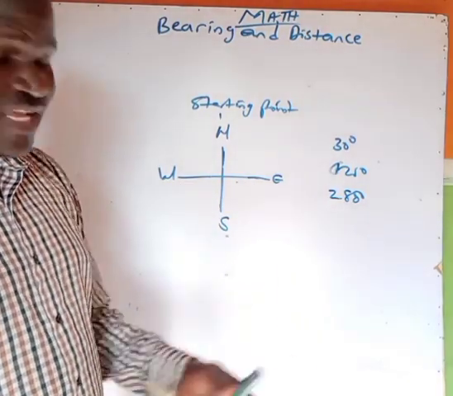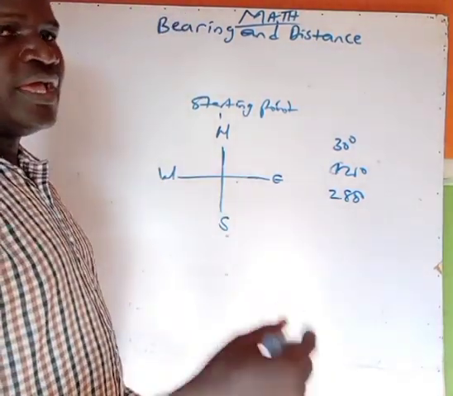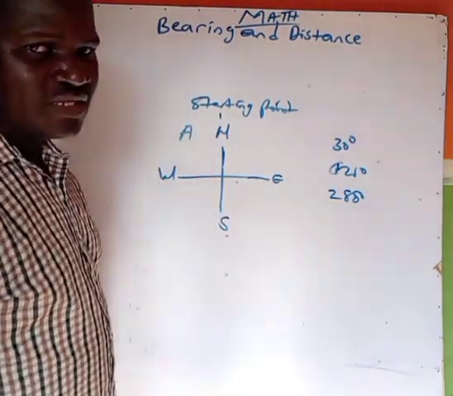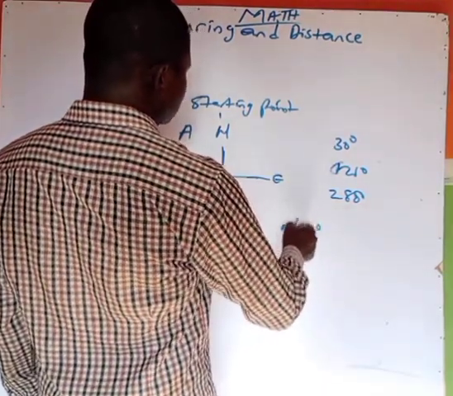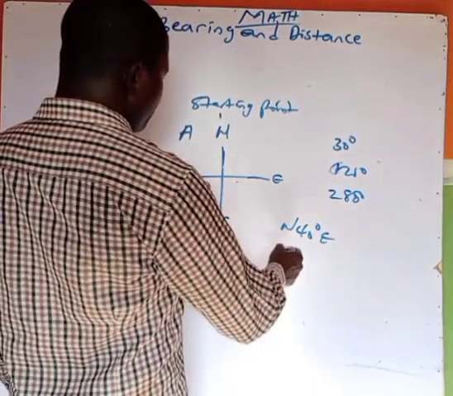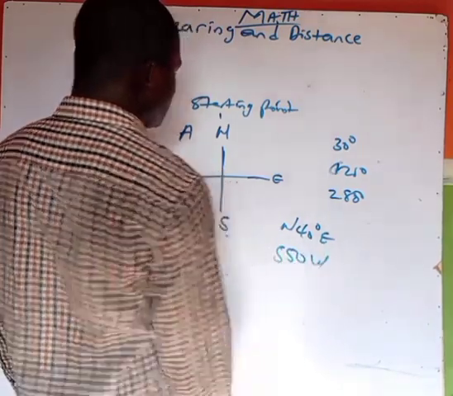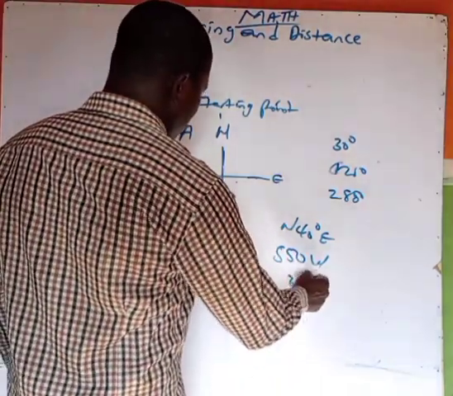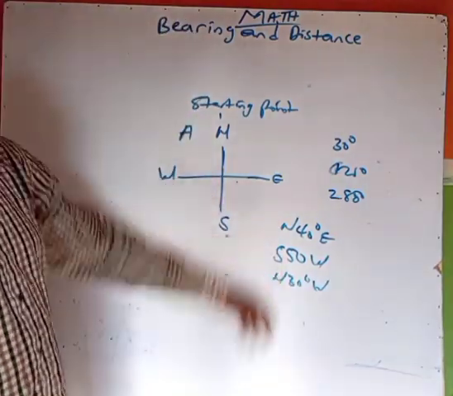Another way they can give you direction is to tell you that a man leaves a point A, let's say this one is point A, and moves, let's say, 40 degrees northwest. Or they can tell you to move 50 degrees southwest, or 30 degrees northwest.